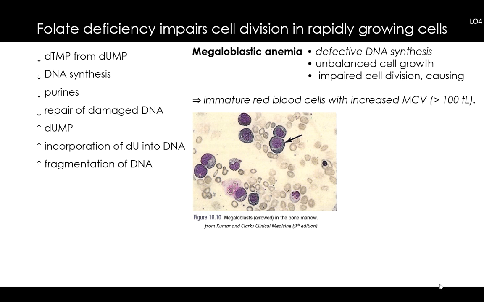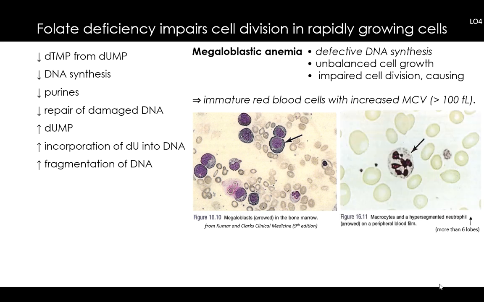These immature red blood cells have an increased mean corpuscular volume, or MCV, of greater than 100 femtoliters compared to a normal MCV of 80 to 95 femtoliters. The spleen normally removes such megaloblasts when they reach the peripheral circulation.